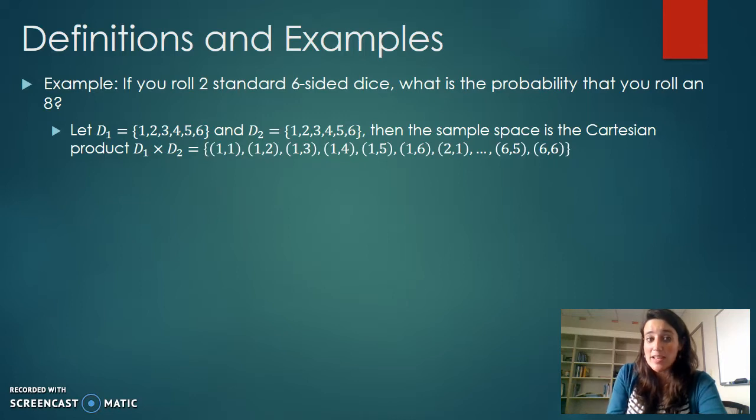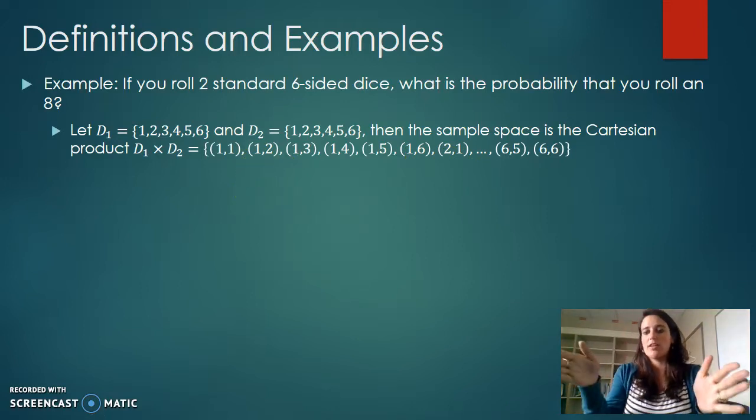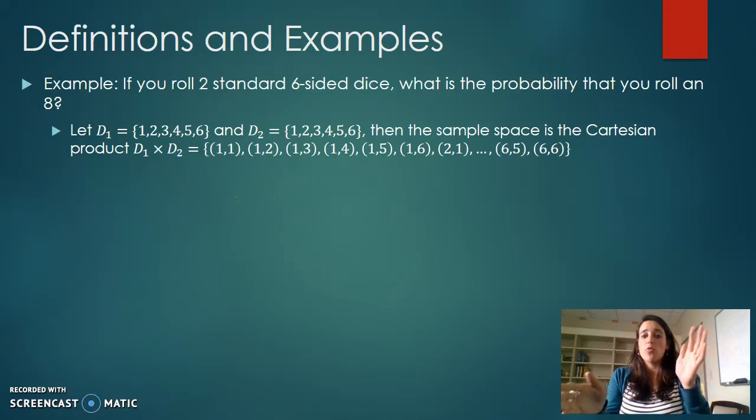So the sample space is the Cartesian product D1 cross D2, and these ordered pairs, like 1, 1, 1, 2, all the way up through 6, 6, represent all the different possibilities of rolling two dice. So we could roll a 1 and a 1, we could roll a 1 and a 2, or we could roll a 2 and a 1. And those two things are different because we're designating one die as die 1 and one as die 2. So 1, 2 is different than 2, 1.